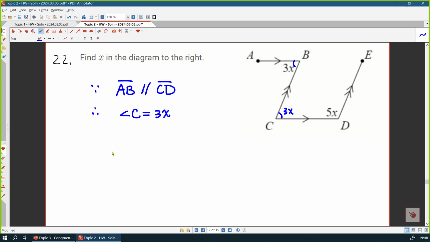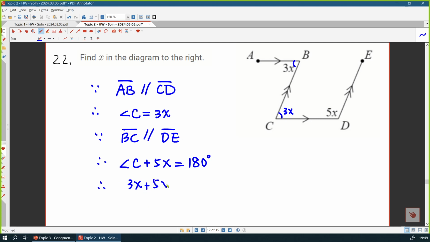So this angle is 3x. And also because BC is parallel with DE, we have angle C plus 5x plus this angle here should equal 180 degrees, right? And this means angle C is 3x. 3x plus 5x equals 180 degrees, which means 8x equals 180 degrees.